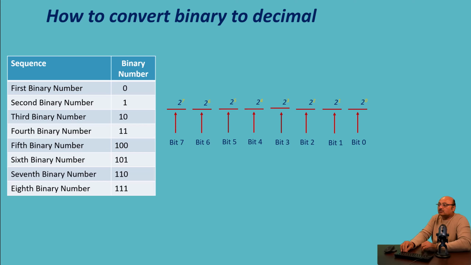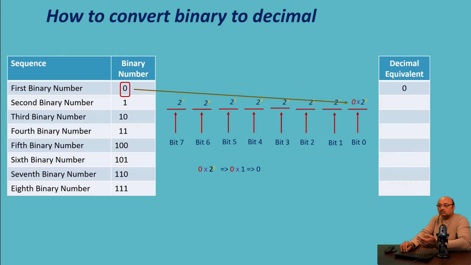What we are going to do is simply take the first number, 0, and put it next to the position 2 to power 0 and multiply it. The result is 0 into 2 raised to power 0. 2 raised to power 0 is nothing but 1. That's why you get 0 into 1 and the final result is 0. So for the binary number 0, the decimal equivalent is 0.